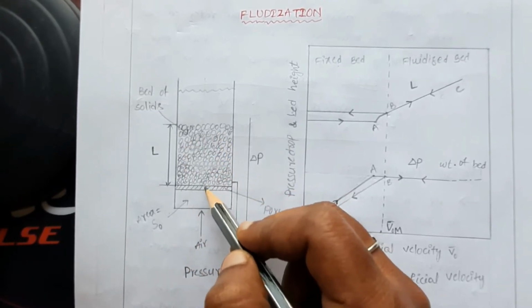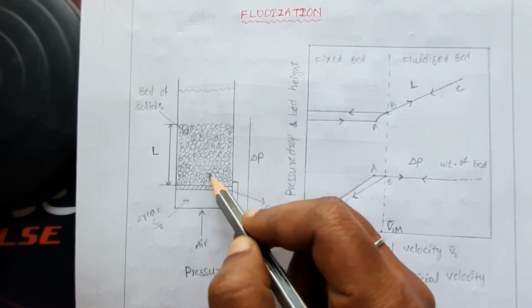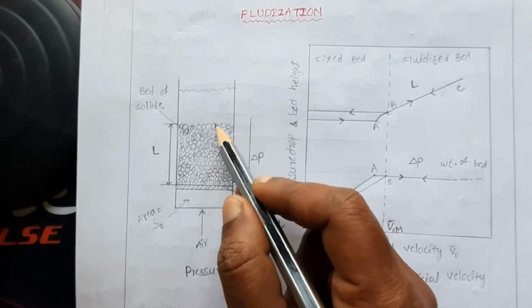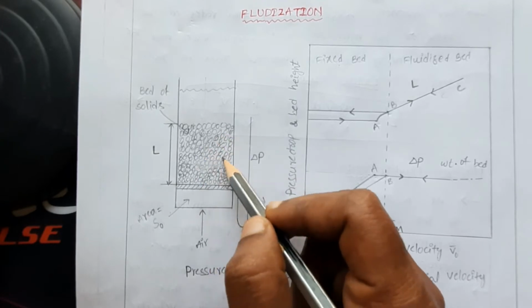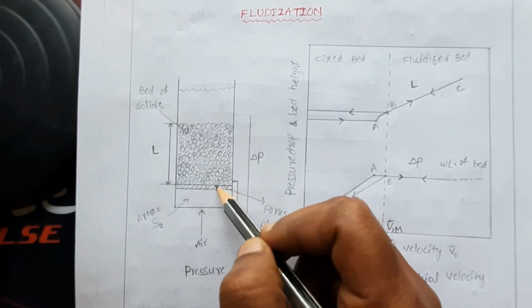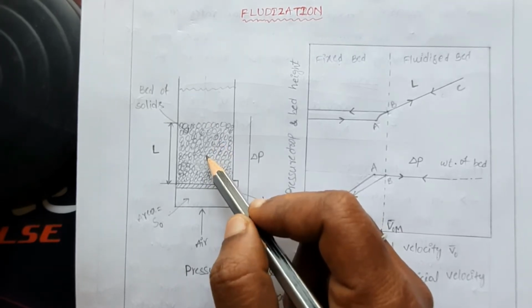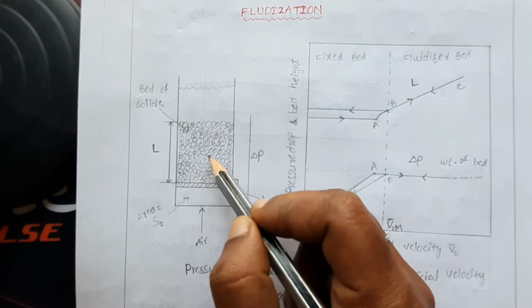This upward thrust always tries to move the solid particles from this plate, but in the same way the solid particles exert a weight, or the gravity force, on the plate, right? So only if the upward force overcomes the weight of the bed do the particles start moving.